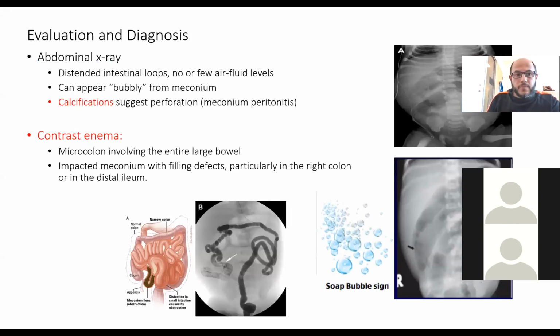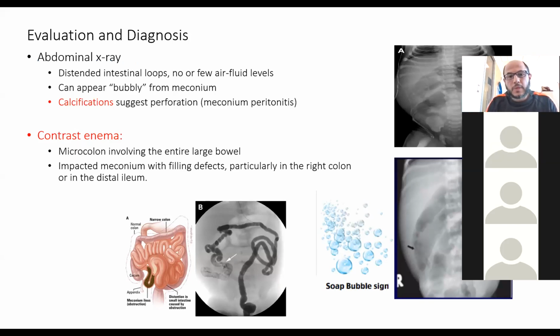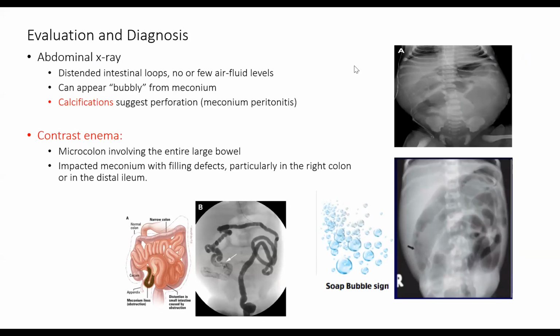Evaluation and diagnosis. If the baby has abdominal distension, starts vomiting, or the abdomen is full but soft, and the baby has bilious emesis, you do an X-ray. The X-ray for meconium ileus can be non-specific, just distended, or you might see clear fluid levels, and you can see here very clear fluid levels with nothing distally.